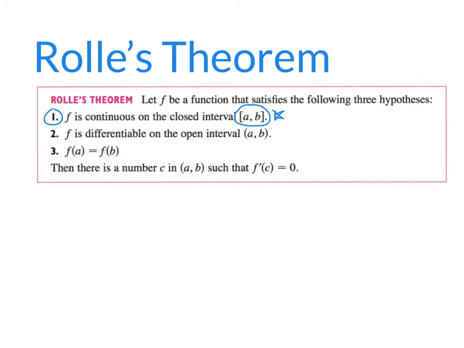The second part is stating that it's differentiable. These two things are statements that have to be present first before you check that the outputs are the same. And once the outputs are the same, then you can jump ahead, lastly, to taking the derivative, setting it equal to 0, and finding those places where there's a max or min point where the derivative is 0.